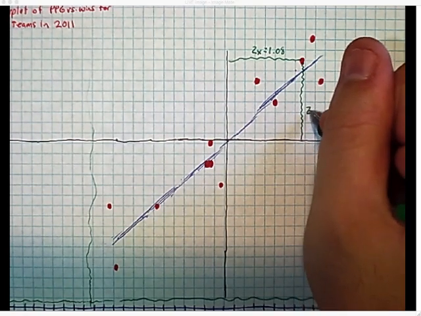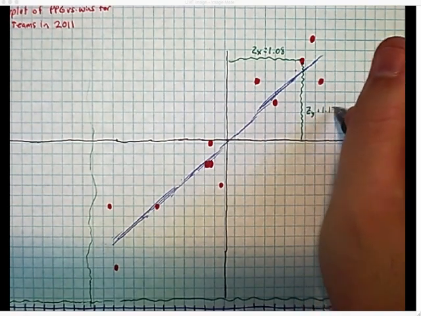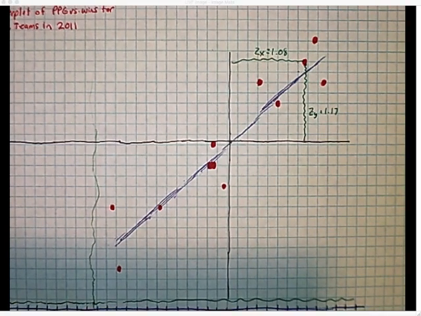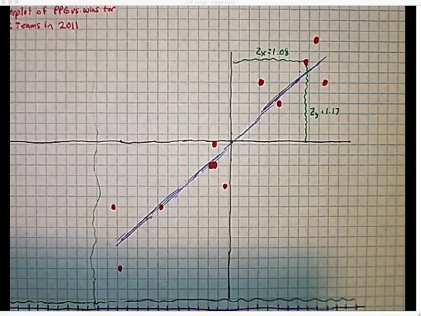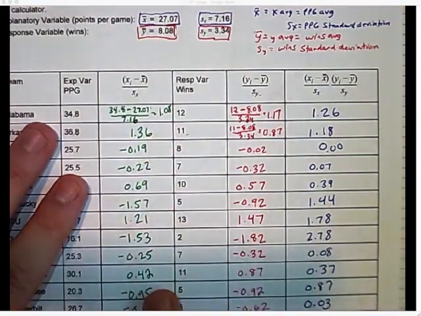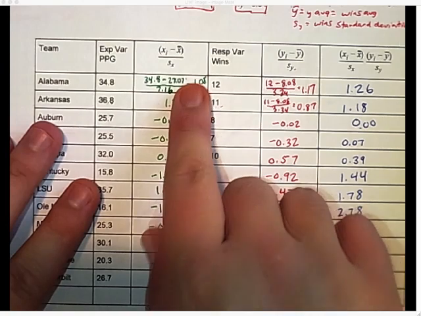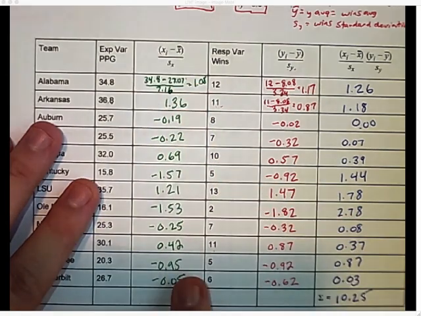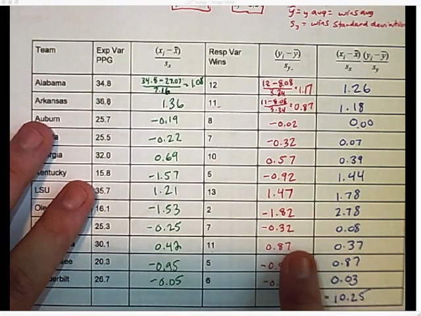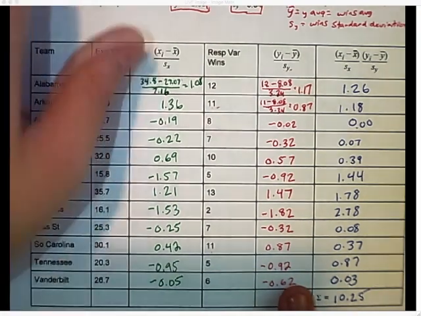And this is like the ZY, they're 1.17 standard deviations above the Y average. That's what these columns represent. How many standard deviations are they above or below for the X value? How many standard deviations are they above or below for the Y value?